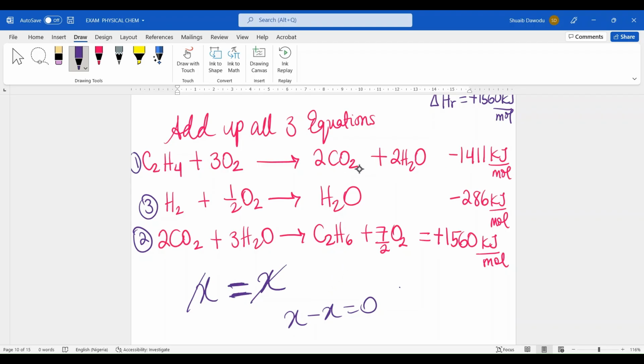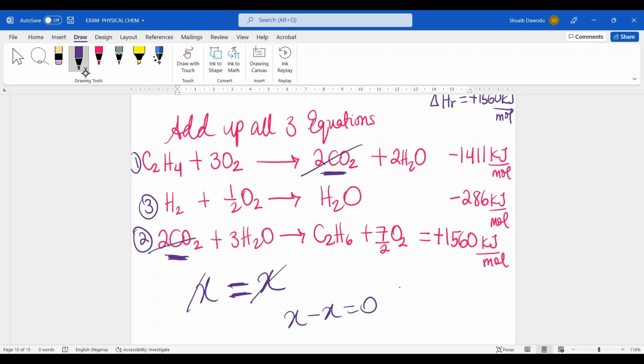So in these three reactions, in the case of 2CO2, the CO2 is on the product side for equation 1, but it is also on the reactant side for equation 2. So you can easily cancel this out because it's not going to be in the final equation. That's what I wanted to explain.